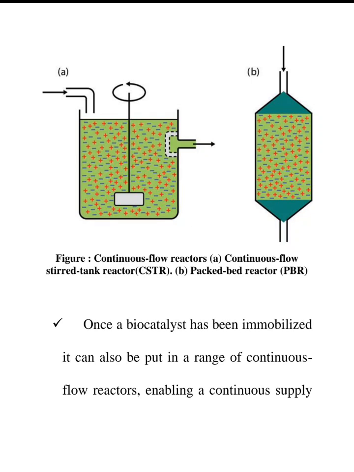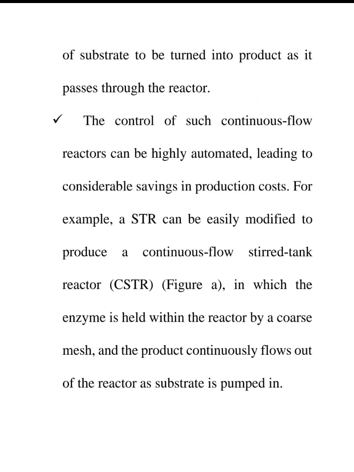This figure shows continuous flow reactors. A indicates a continuous flow stirred tank reactor, CSTR, and B is a packed bed reactor, PBR. Once a biocatalyst has been immobilized, it can also be put in a range of continuous flow reactors, enabling a continuous supply of substrate to be turned into products as it passes through the reactor.